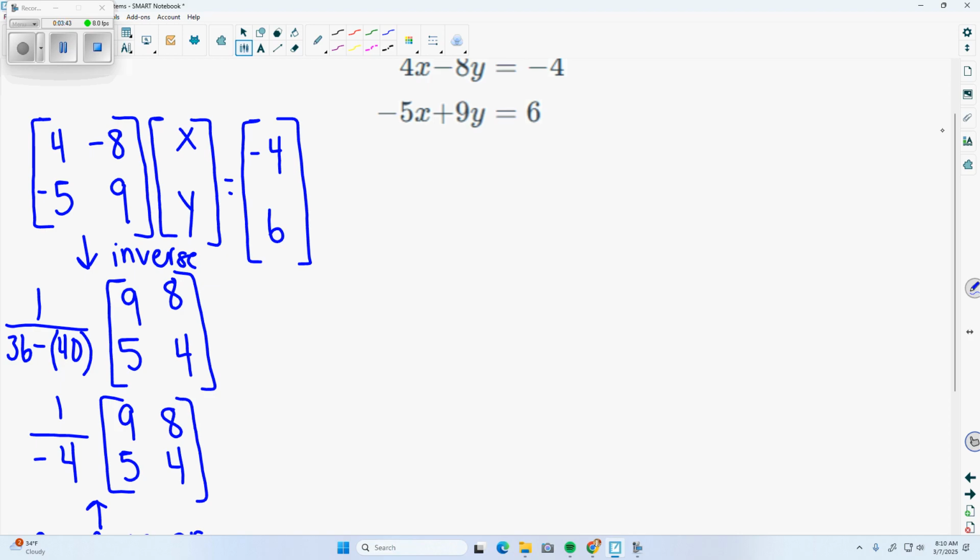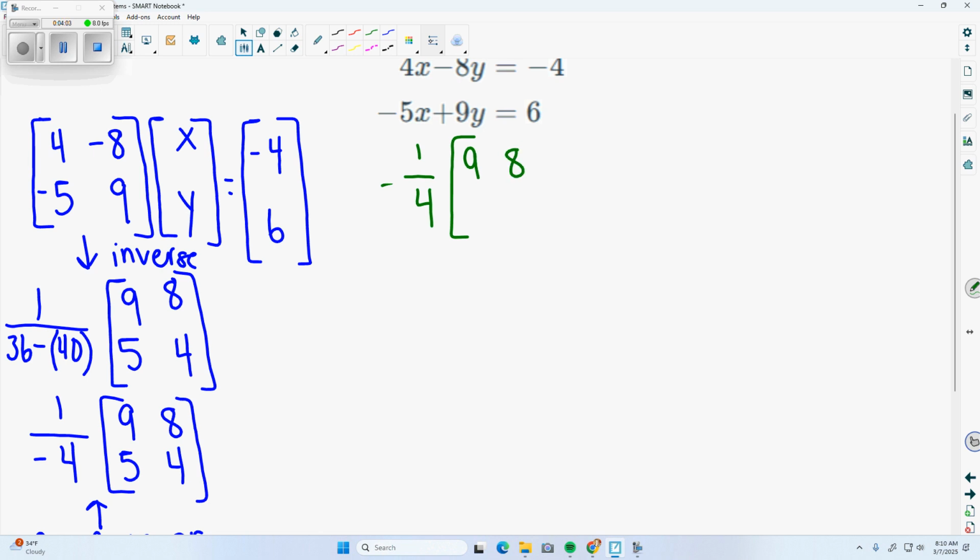Okay, so we're going to take that negative 1/4 times that matrix 9, 8, 5, 4, and multiply that on each side. So let's see, I'll switch gears here. It must come first, okay? Order is important when we're multiplying.